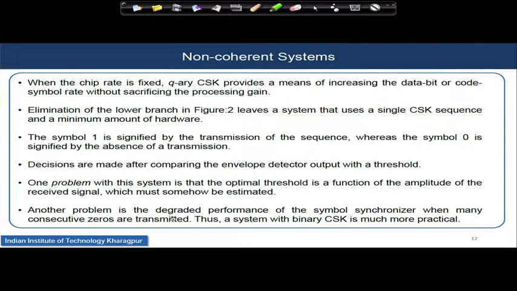Another problem is that degraded performance will also come from the symbol synchronizer when many consecutive zeros are transmitted. The binary CSK system is much more practical in the sense that some extra load for coherent communication can be avoided, while performance close to binary PSK can be obtained with the matched filter architecture.